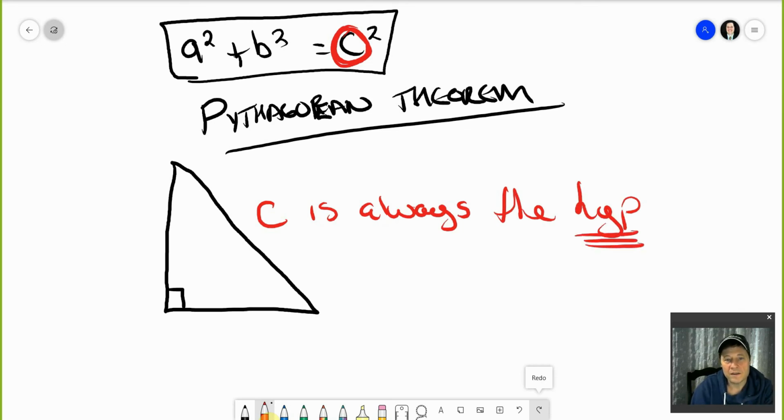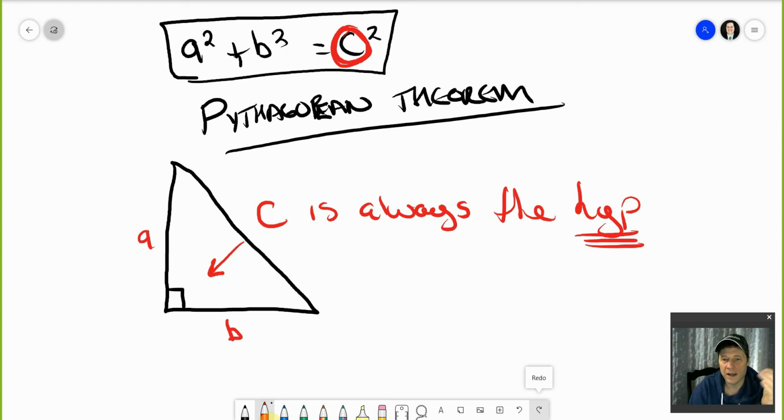C is always the hypotenuse. What is the hypotenuse? It is the longest side of a right angle triangle. It is always directly across from the 90-degree angle. So when you're solving the Pythagorean theorem, you're solving for C, but maybe you're solving for A. Maybe you're solving for B.